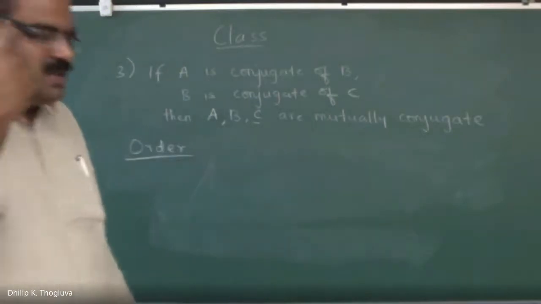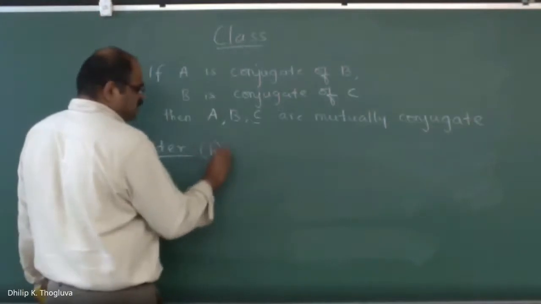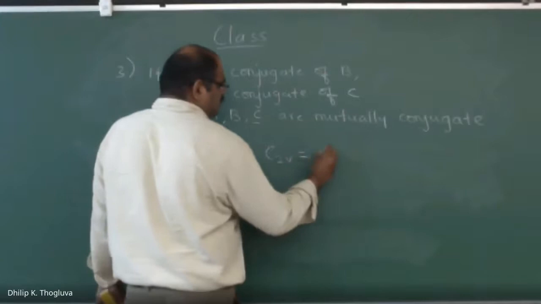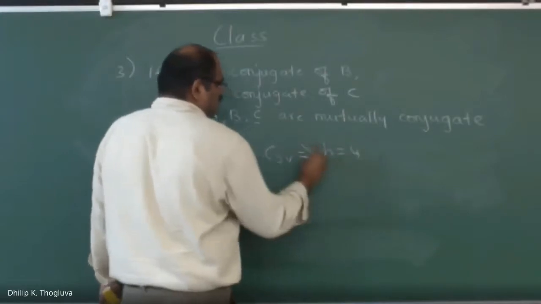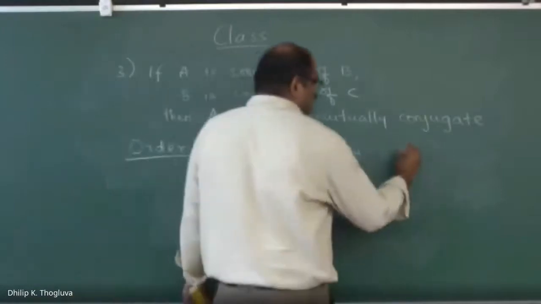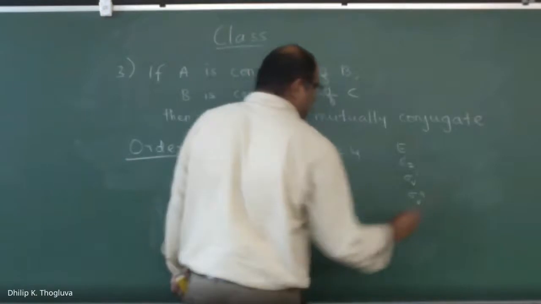In C3v, I've given a symbol h. Say in C2v, the order was h equal to 4. How did we get 4? E, C2, sigma v prime and sigma v double prime, right? So that's 4.